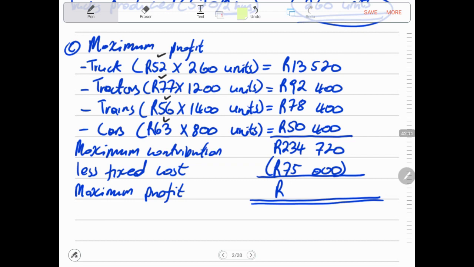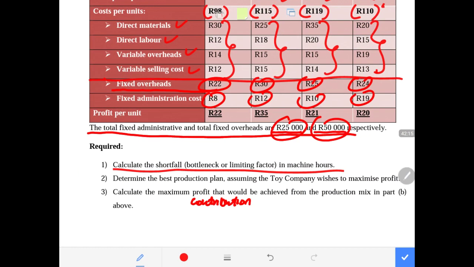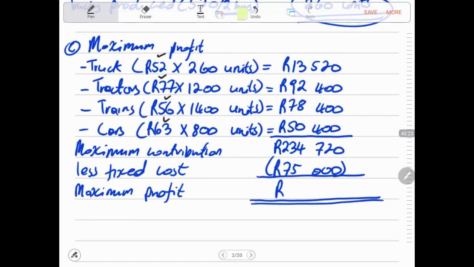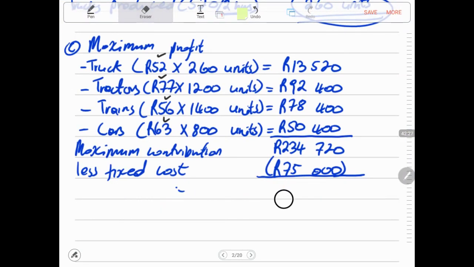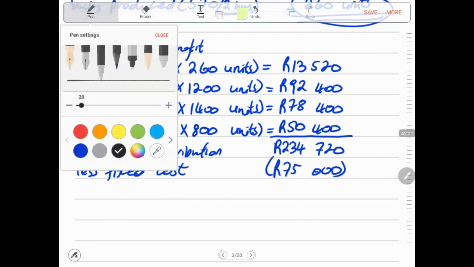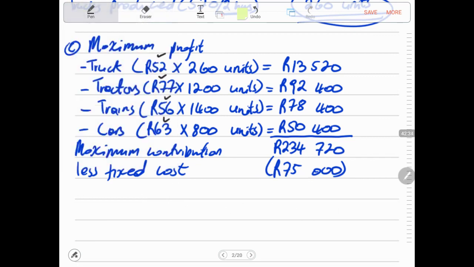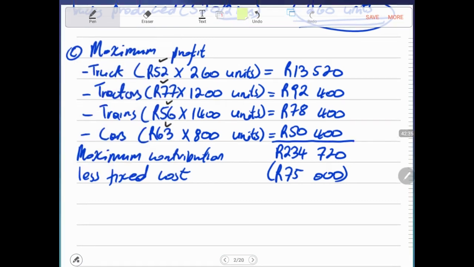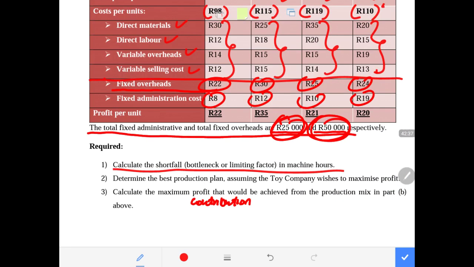So now we deduct our fixed cost, which are highlighted to us to be a total of 25,000 and 50,000. And that came up to 75,000. Less fixed cost of 75,000. And I want again to bring your attention to the fact that sometimes I will just prefer the shortcut approach. We have fixed cost and they are divided into two. We have fixed overheads of 25,000.